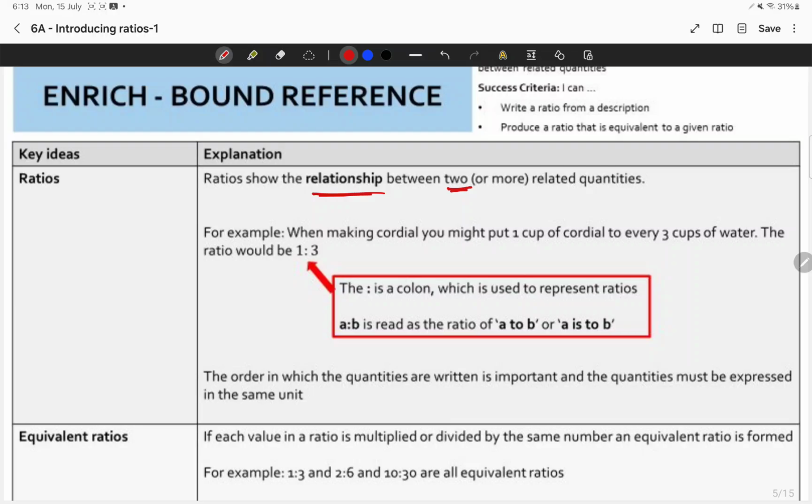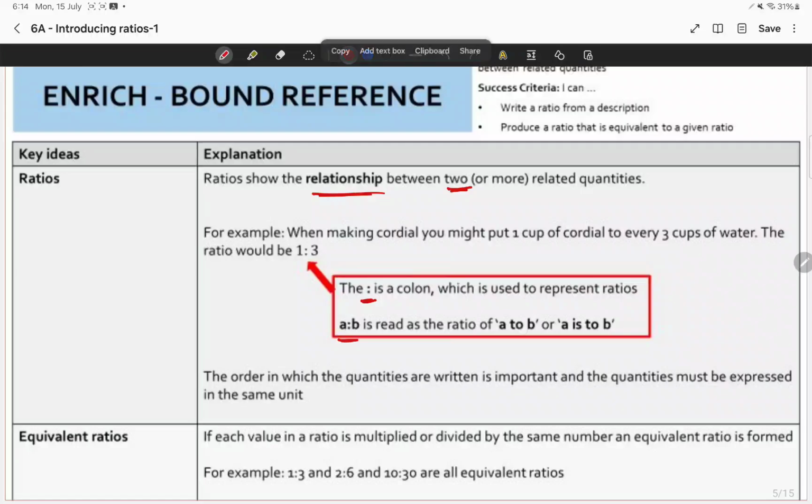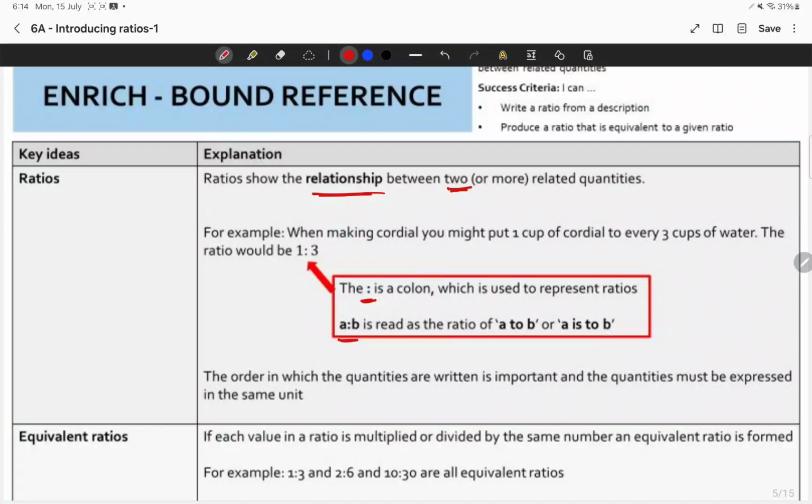The key thing that you need to understand, though, is this colon. That is what's representing the ratio. Whatever is on one side is related to what is on the other side. So when we have A colon B, you read it as A to B or A is to B. In this situation, we say 1 is to 3 or 1 to 3.